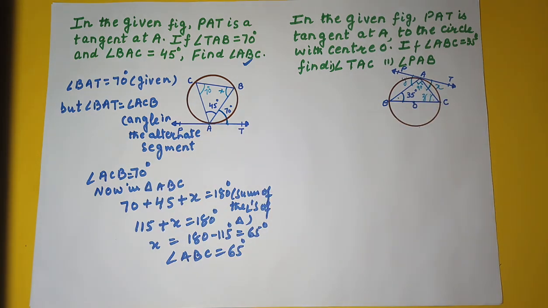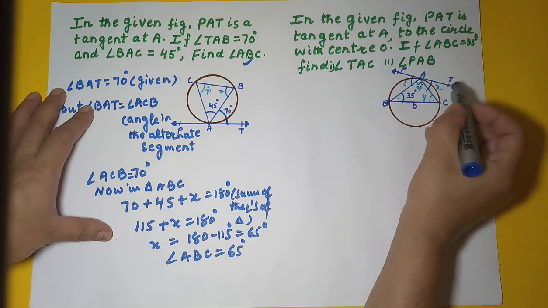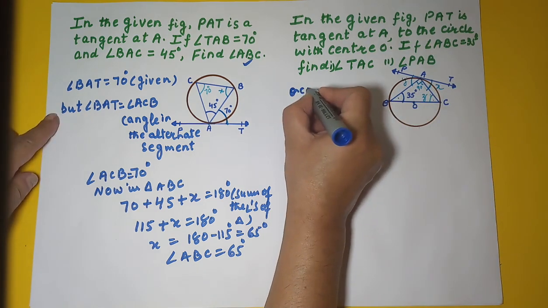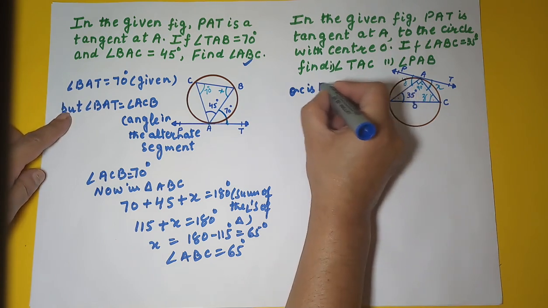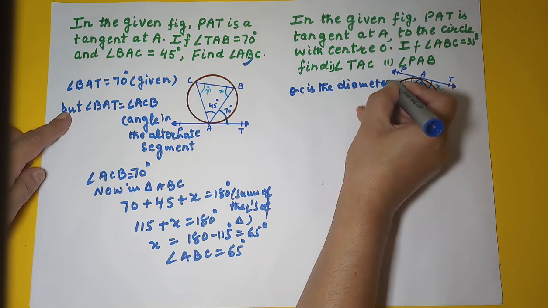So now let's write it. So how do we write this? We will say that QC is the diameter. Why?